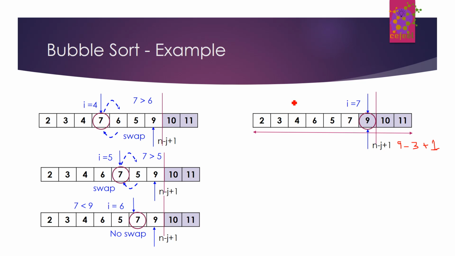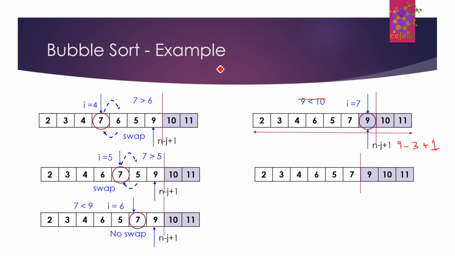So 9 is also now sorted along with 10 and 11. There is no need for this condition here, because we already have broken the while loop now. So we now have 3 elements sorted, and we have reached the end of the pass again. So we are done with 3 passes now, and in 3 passes we have pushed 3 maximum elements to the end.